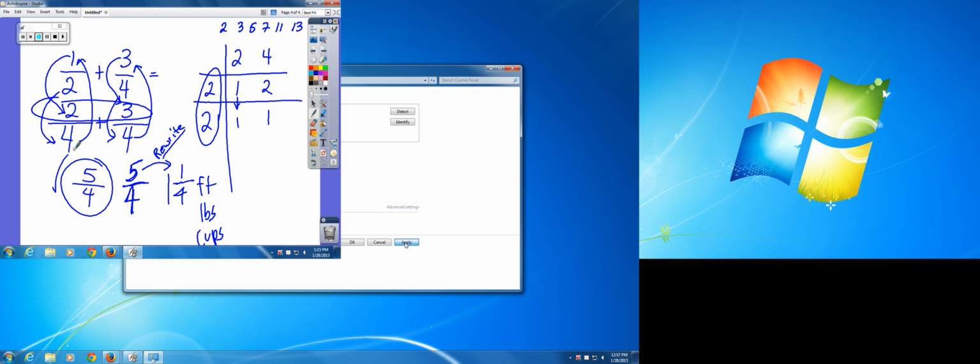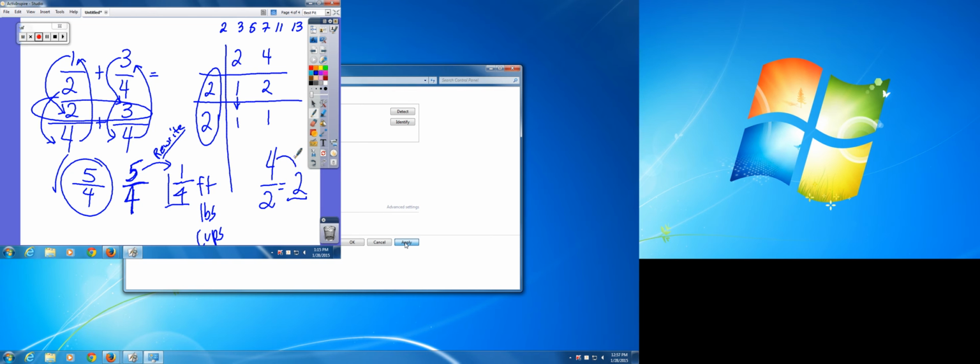Well, here, but what about 4/2? Does 4/2 give you a mixed number? No. It gives you a whole number. Is there a difference between a mixed number and a whole number? Yeah. So you can't compare an apple to an orange.